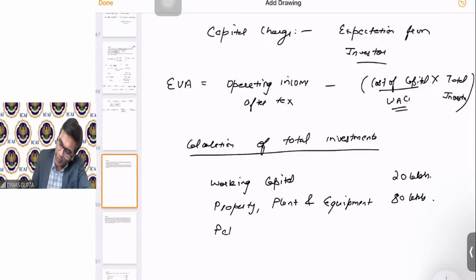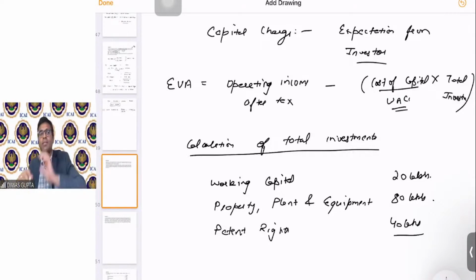Plus, we will also need to include the patent rights of 40 lakhs, because the investors will expect the capital charge, not only on the current book value, but also on the value including any adjustments which come from a futuristic perspective, which is this 40 lakhs.